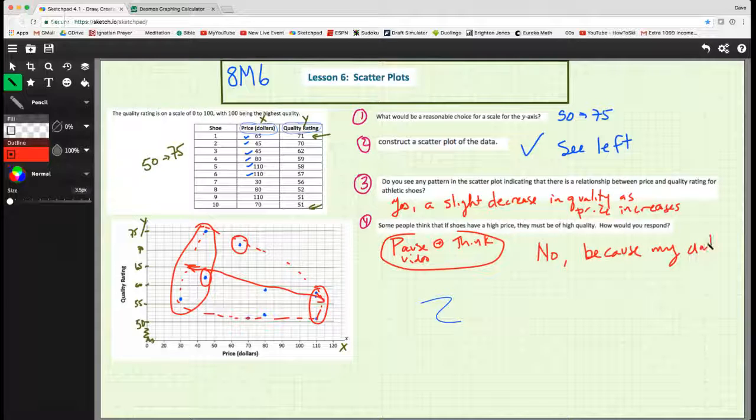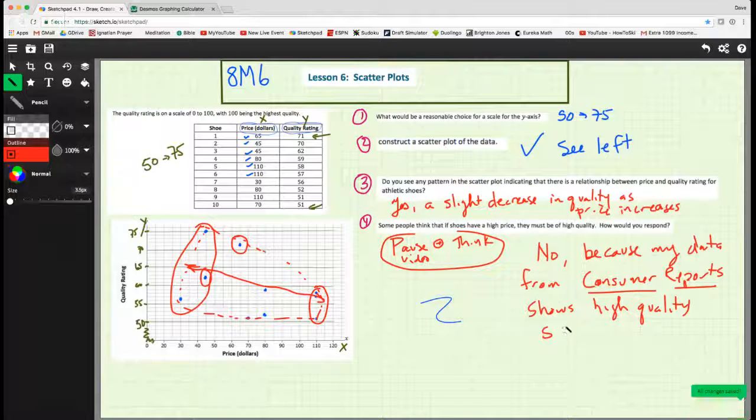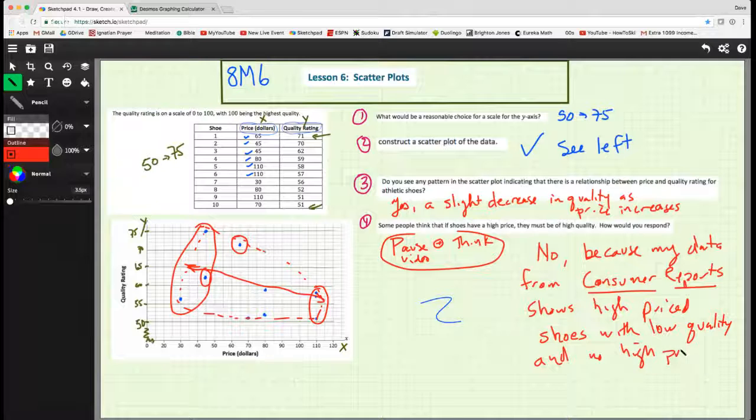Because my data, and this is from Consumer Reports, a very popular magazine for quality of items you can buy, shows high priced shoes with low quality and no high priced shoes with high quality.